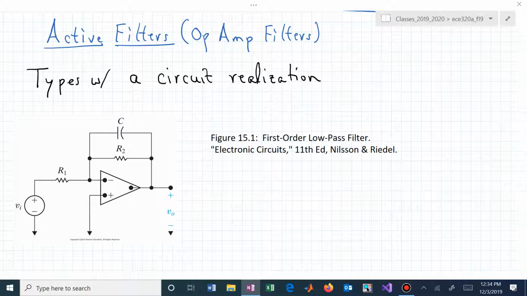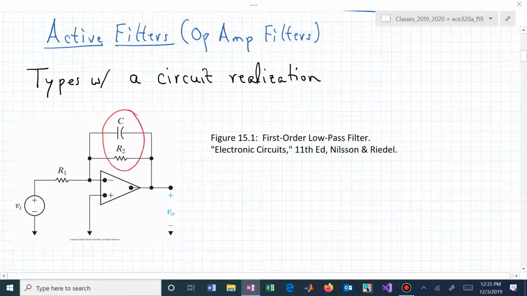You should be able to derive the transfer function by simply saying, oh, I have a feedback impedance, which is the parallel combination of R sub 2 and C, and I have an input impedance given by Z sub 1, and now you know what that transfer function is between V sub I and V sub O relative to the feedback impedance.